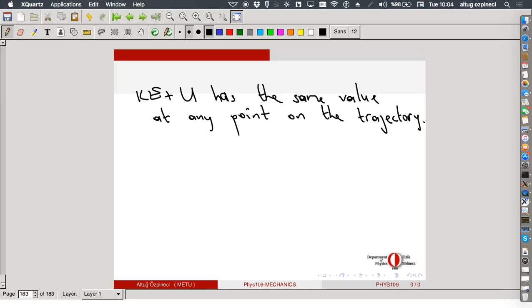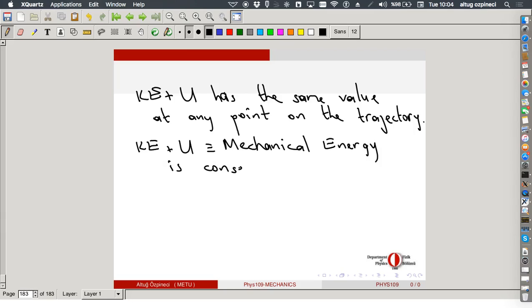As time goes on, the kinetic energy changes, the potential energy changes, but the sum doesn't change. This is what we call a conserved quantity. So kinetic energy plus the potential energy, which we call the mechanical energy of the system, is conserved.